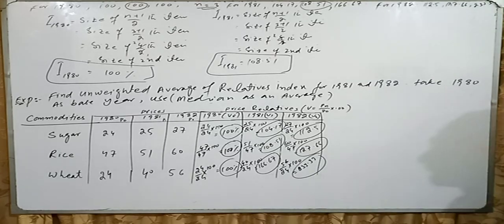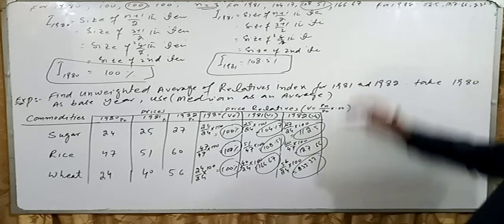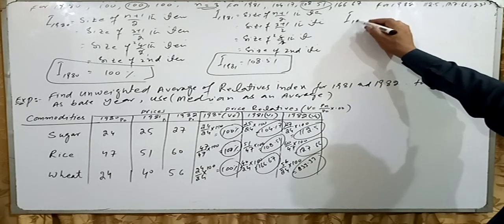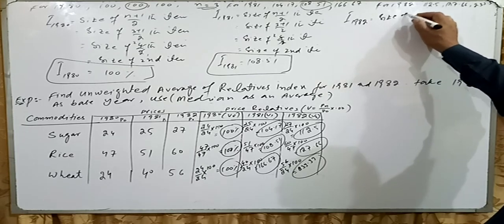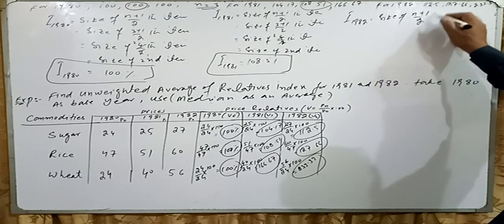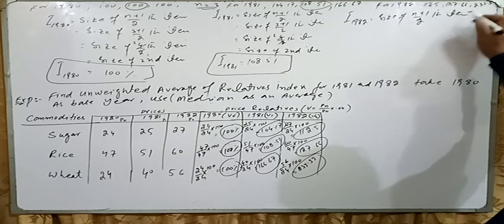Then write the formula I 1982 is equal to, again, size of (n plus 1) divided by 2th item.